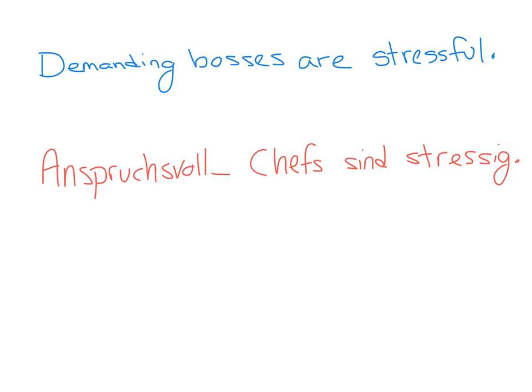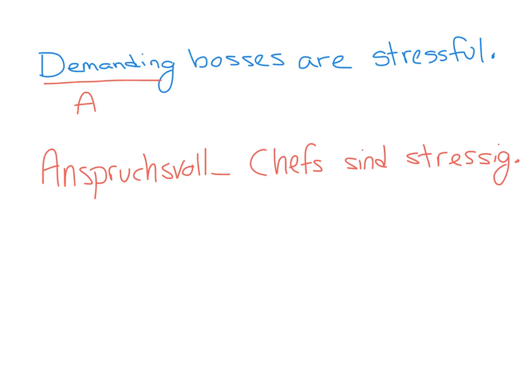I also wanted to show you an example with an unpreceded adjective. So for example, in this sentence, demanding bosses are stressful. Demanding is the adjective, but we're not saying the demanding bosses, my demanding bosses, any other kind of definite or indefinite article is not preceding that adjective. So demanding or anspruchsvoll is now an unpreceded adjective.